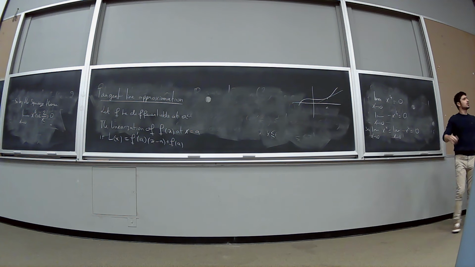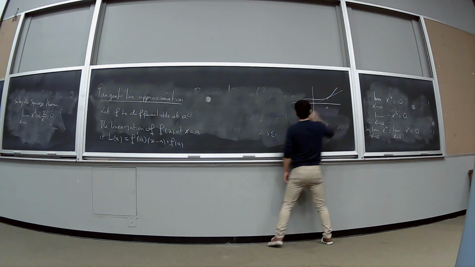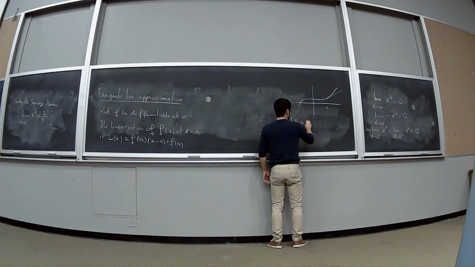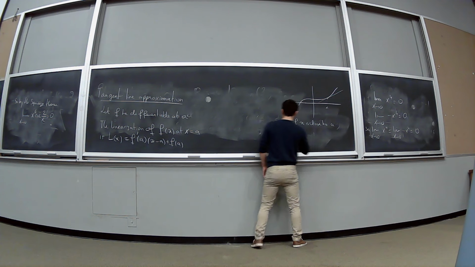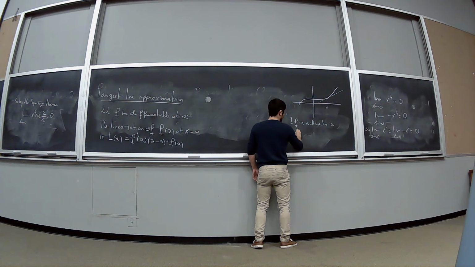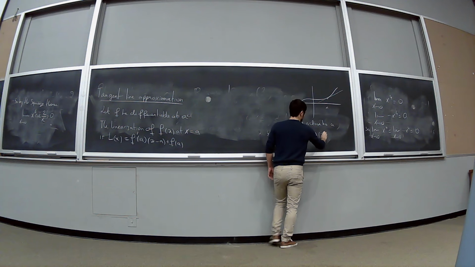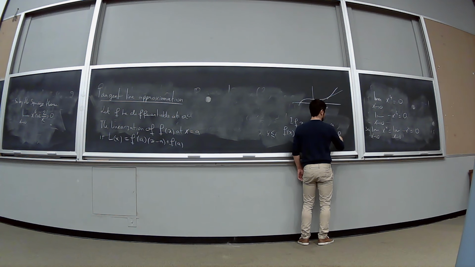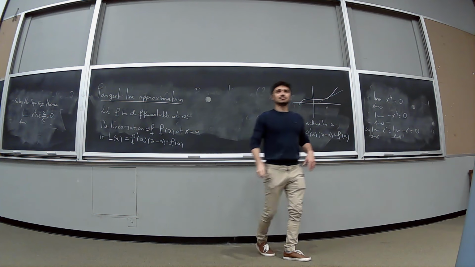Now if x is close to A, then f of x would approximately be equal to this, right? Look at the tangent line.